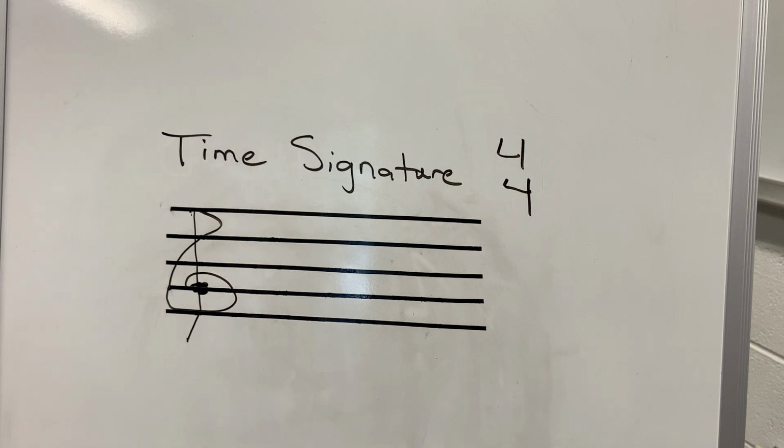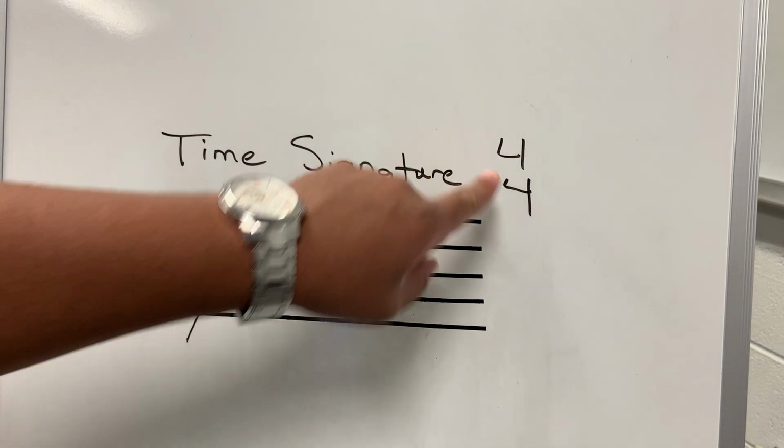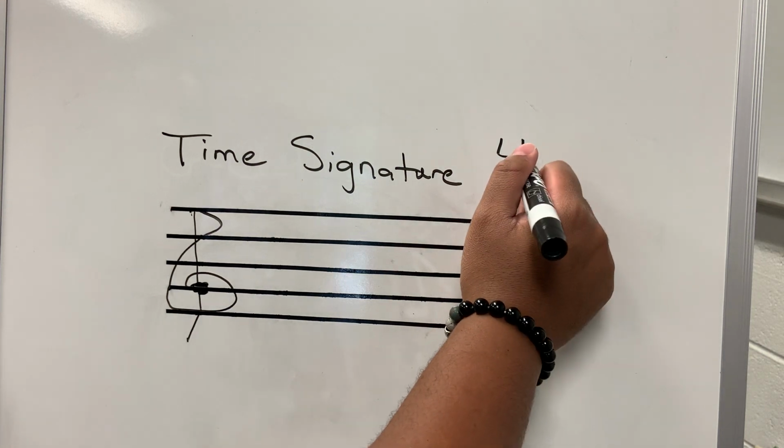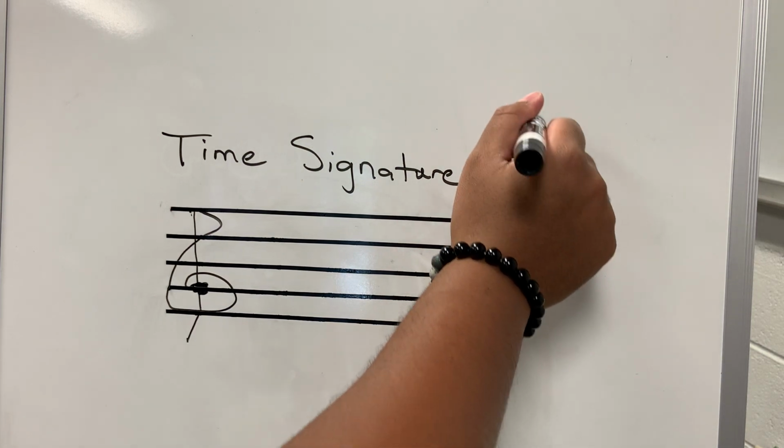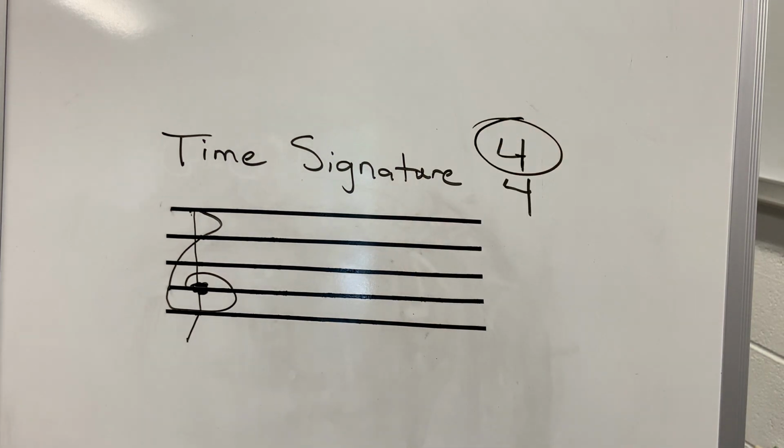As you can see, I drew a 4, 4 next to time signature. 4, 4. Now, this top number of this time signature, and remember it does look like a fraction, okay? So for all of you who love math, this is your time to shine, okay? This is a musical version of math. So in your time signature, you have 2 numbers.